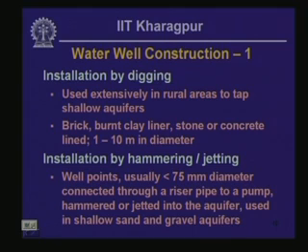Now, you can install the system by simple digging, and by far this is an overwhelming majority of water wells still constructed in India. Most of the water wells in the rural parts of India are still constructed by hand digging and installation of a liner within the hole that is dug in the ground.